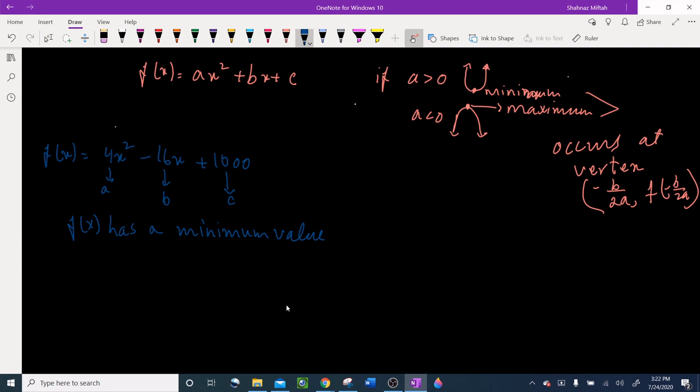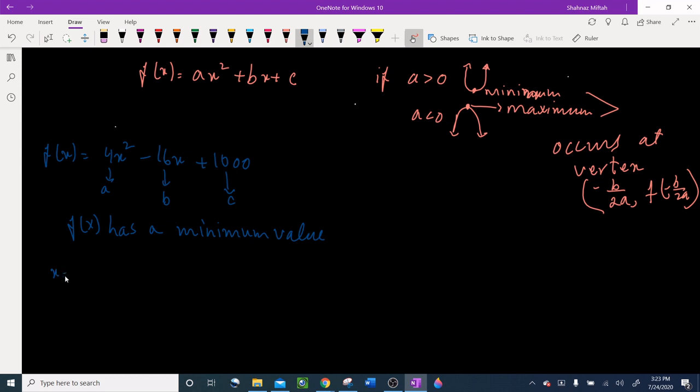Okay, now we have the same example, and I already know it has a minimum value. How would I find that value? The minimum value is always going to be a y value. So how do I find that? We're going to find the vertex. That's all we're going to do.